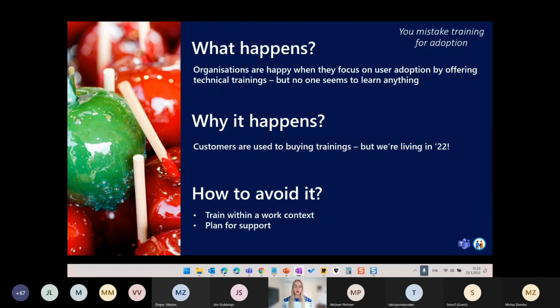So, for example, we have a team, and this is what we have done in many of our customers. You have a team, or a small department, and we want them to start using Teams more effectively in their teamwork.